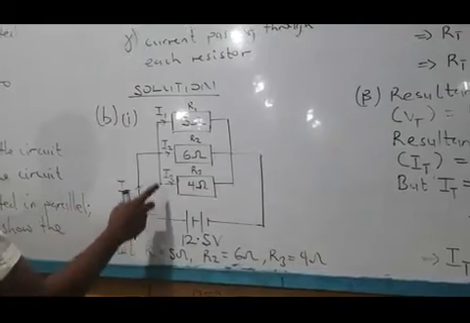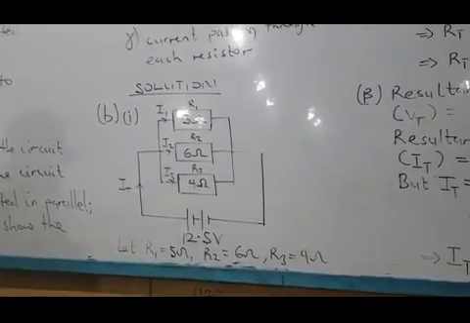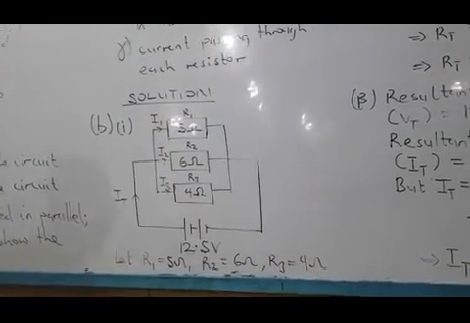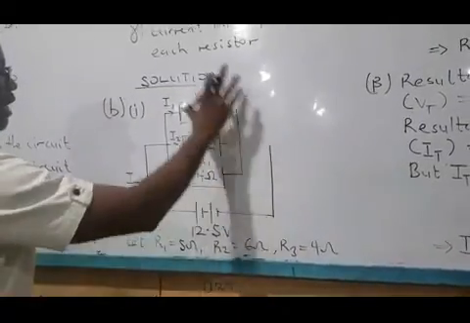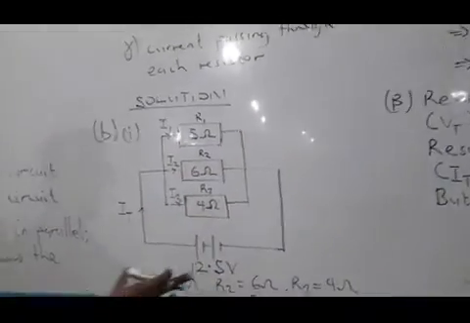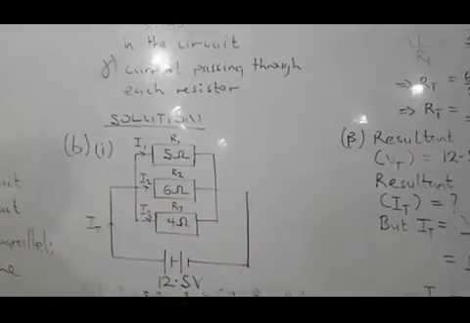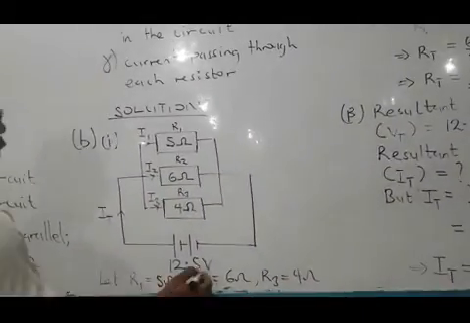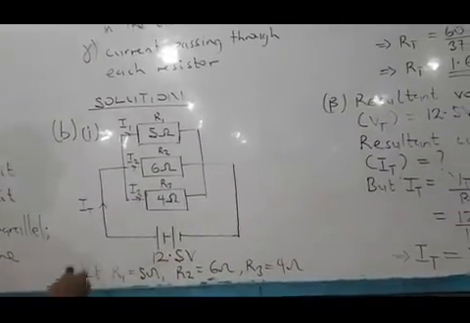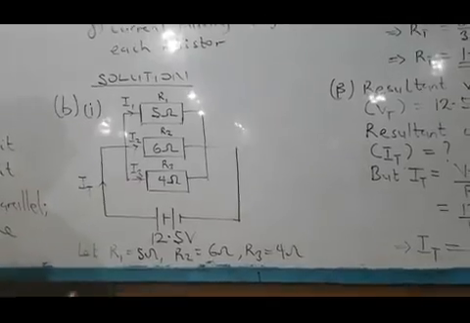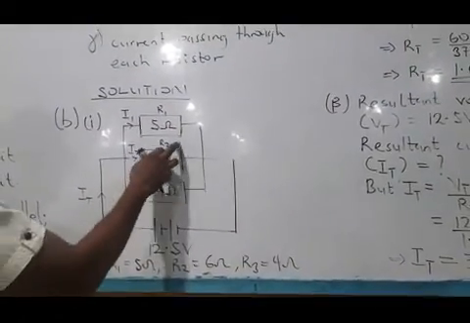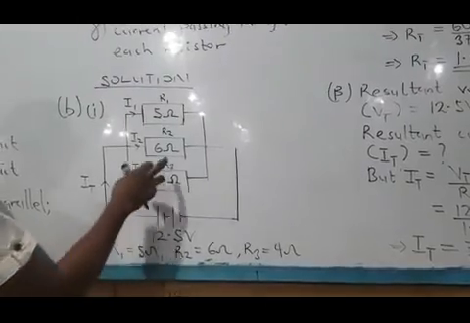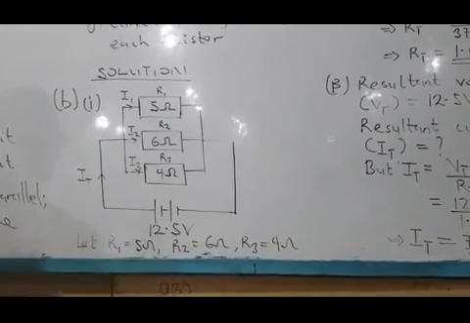It is when you add these 3 that gives you the total current. These are the only resistors present, and they are all in parallel connection. So the total voltage here is equal to the voltage across each one of them. The voltage across R1 is 12.5, across R2 is 12.5, and across R3 is 12.5.